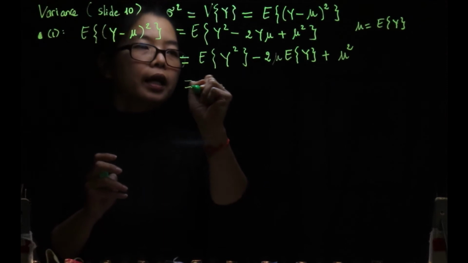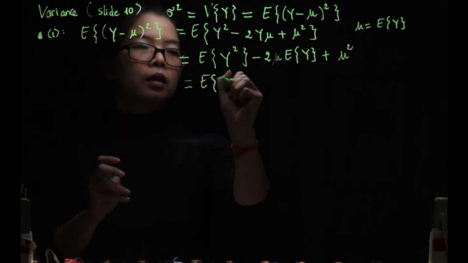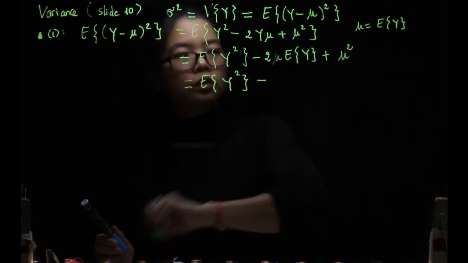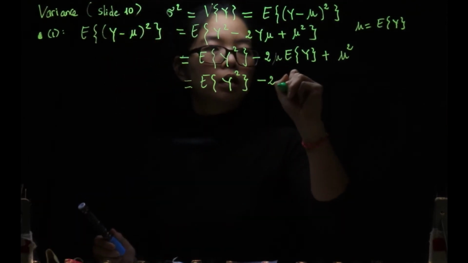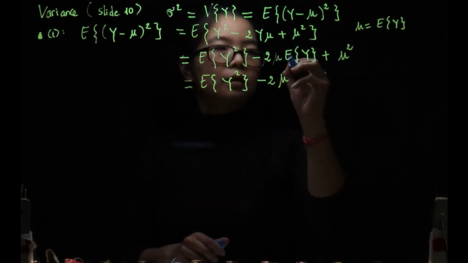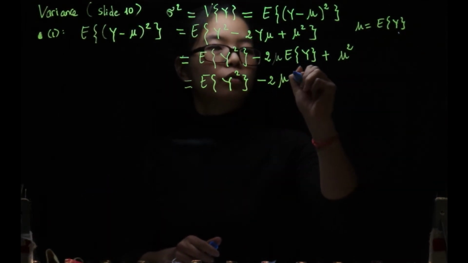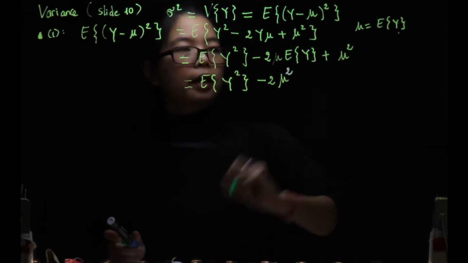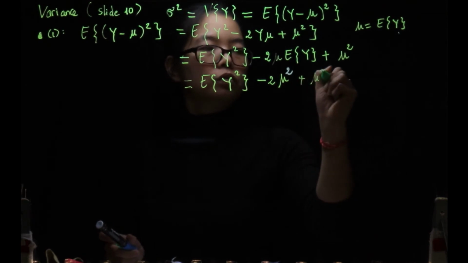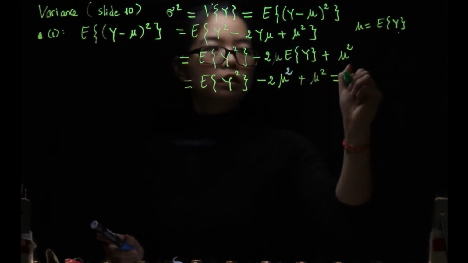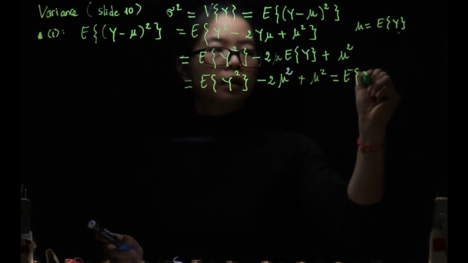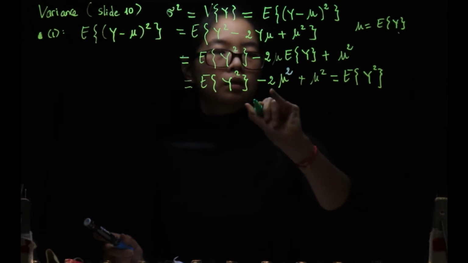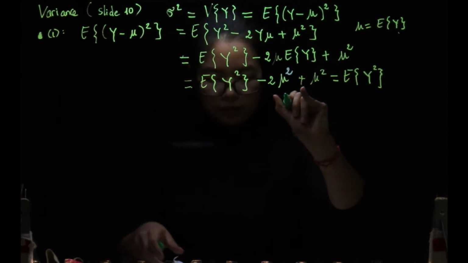So therefore at the end you would have E of y square minus 2 mu, and then E of y again equals mu, right? So mu square. And then plus another mu square equals E of y square minus mu square, right?